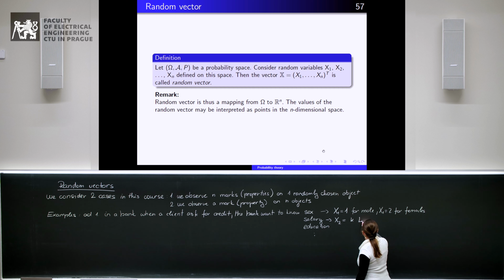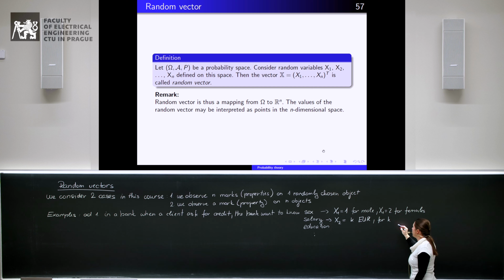and then the salary is some, let's say in euros, okay? And so some k euros, for k, in fact, from real numbers, but usually we consider the whole euros.